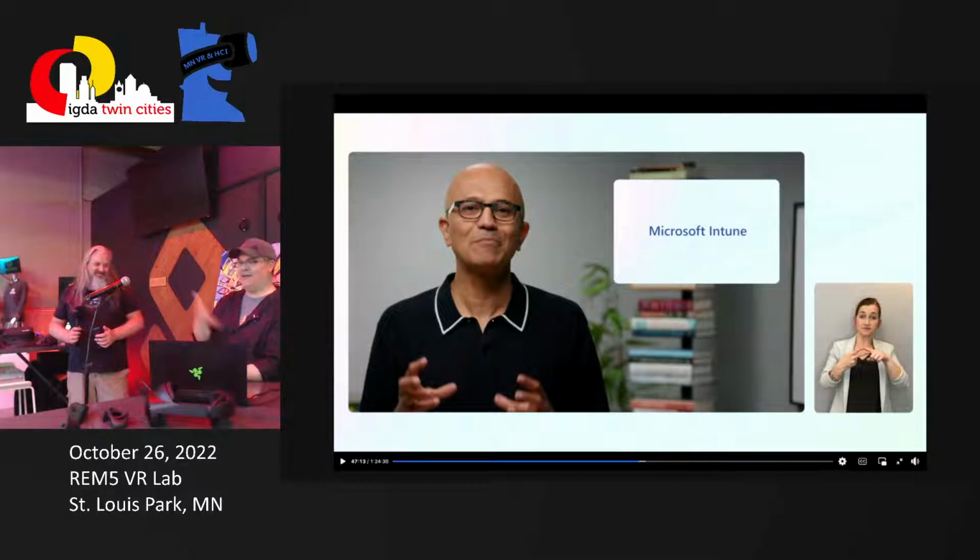Intune, if you're not familiar with it, is Microsoft's cross-platform tools for doing app deployment for enterprise. So you can basically push apps to Android, iOS devices, and now you'll be able to do the same thing for, in theory, Quest 2 and Quest Pro. So your enterprise team, who's already used to using a tool to do mobile app deployment, can use the same tool to push content to VR headsets.